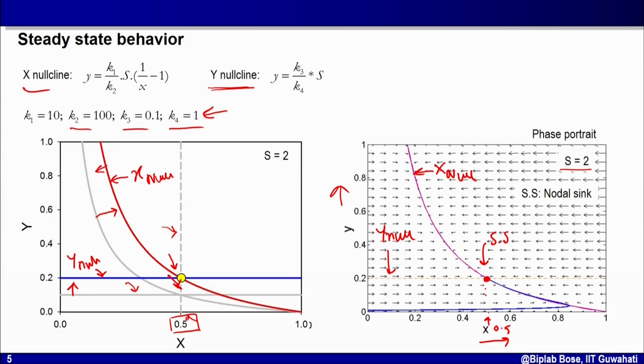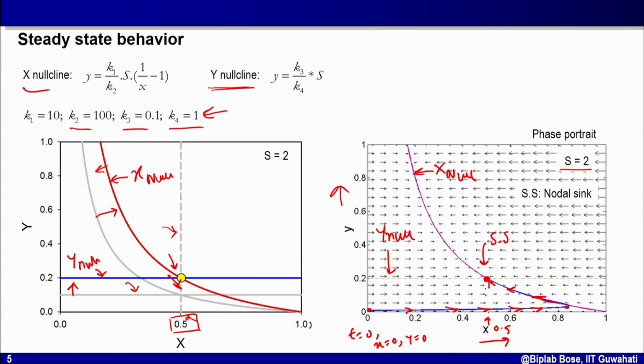So now if I start near 0, 0, that means at t equal to 0, x is equal to 0, y is also equal to 0, something like that, then my trajectories in the phase portrait show that this way I will keep on increasing x, and then I will hit here, and then I will follow this path, eventually collapsing here, which is a steady state.